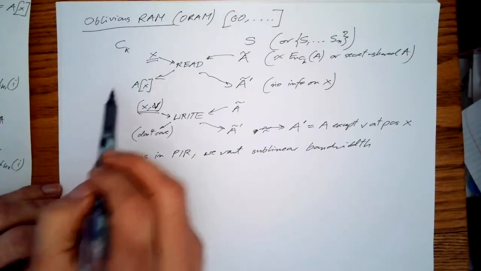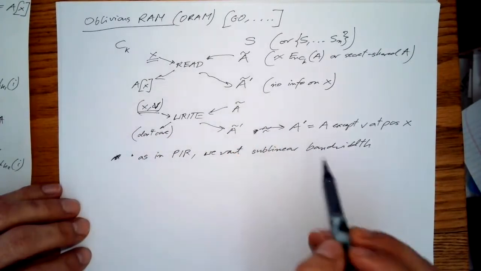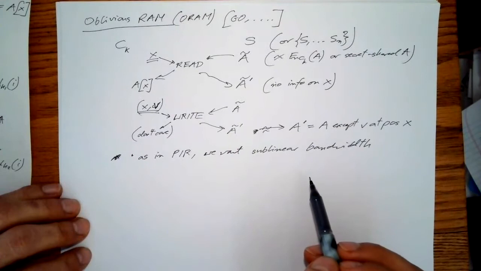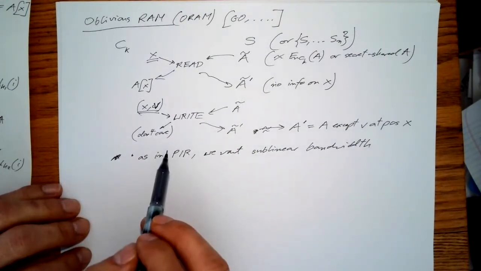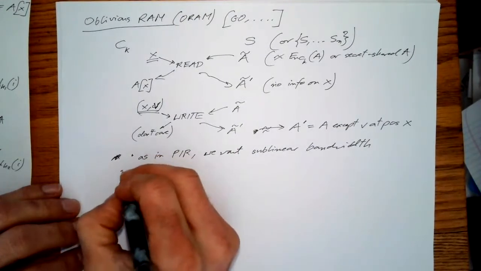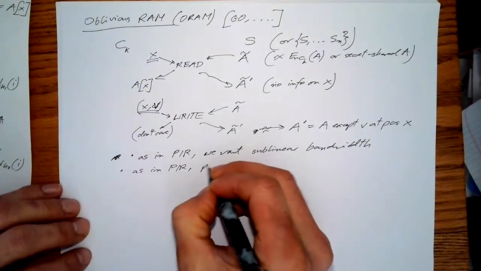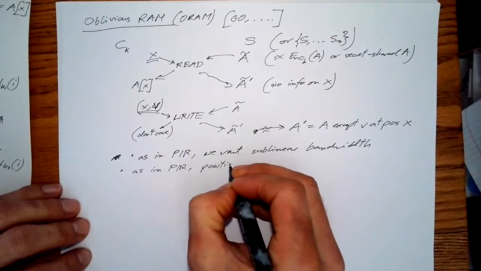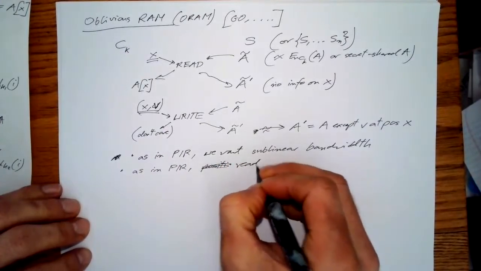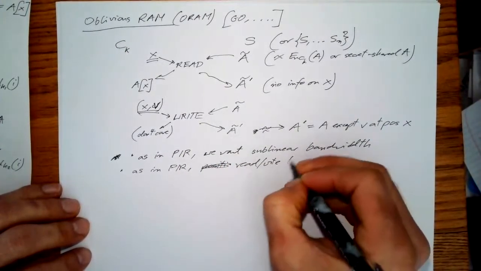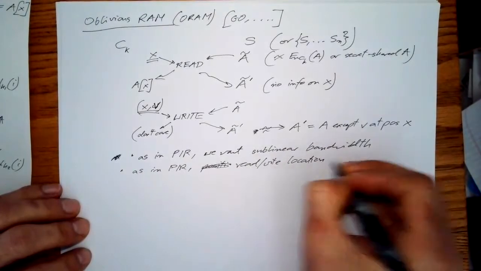He reads and writes and re-encrypts it back. But that has linear bandwidth. And as in PIR, the positions of read and write are hidden.